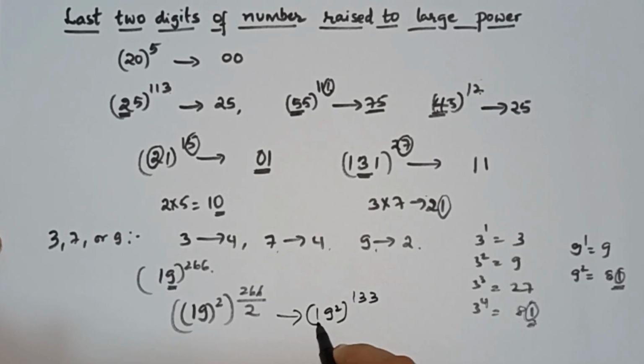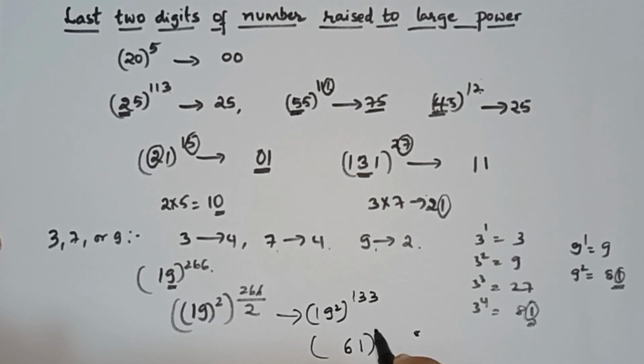Now I need the last two digits of 19 square. 9 square is 81, so 1, and 8 is the carry. To get the tens digit, 9 ones are 9, 9 twos are 18, then 18 plus the carry 8 gives 26. The last digit of 26 is 6, so the tens place has the value 6. Other digits are there, but I don't want them.